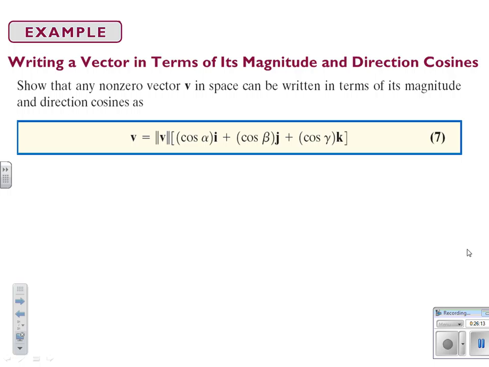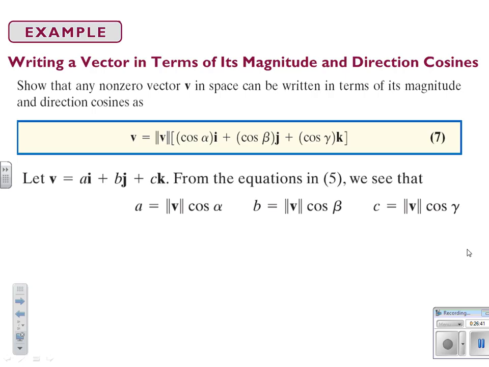Show that any non-zero vector v in space can be written in terms of its magnitude and direction cosines. So any vector can be written as the magnitude of v times cosine alpha i plus cosine beta j plus cosine gamma k, in terms of its magnitude and direction cosines.